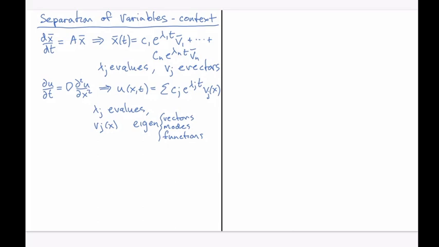So where do we find the lambda_j and v_j of x?